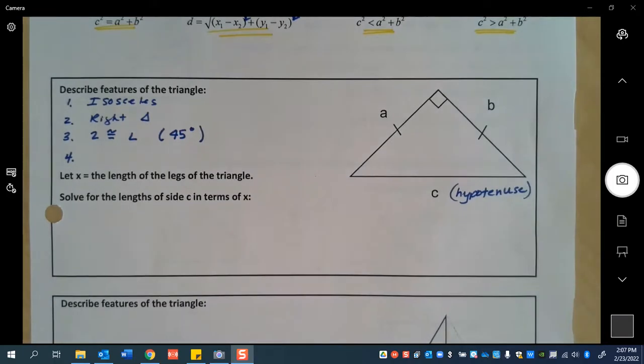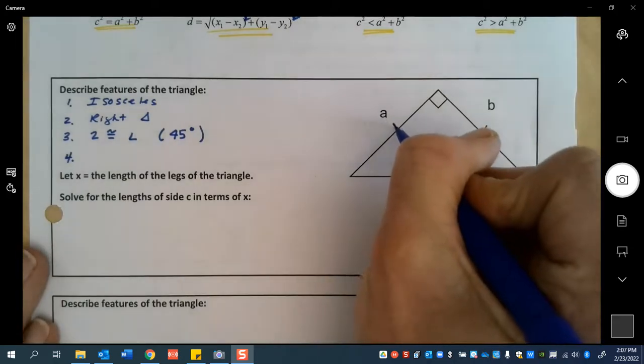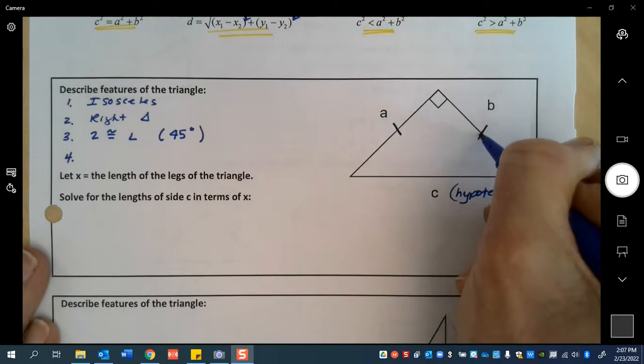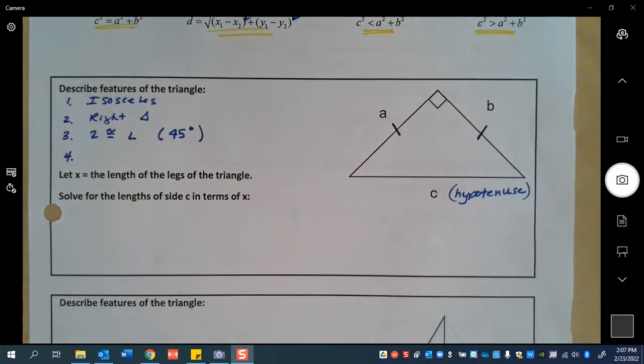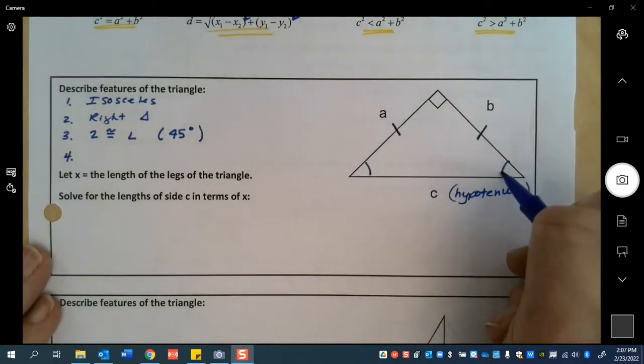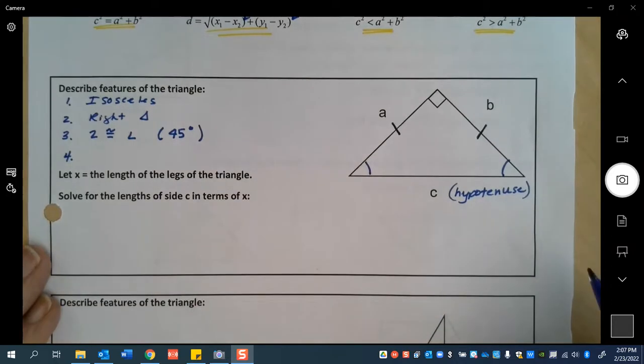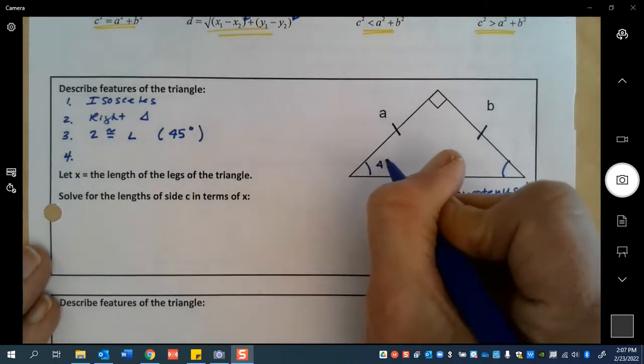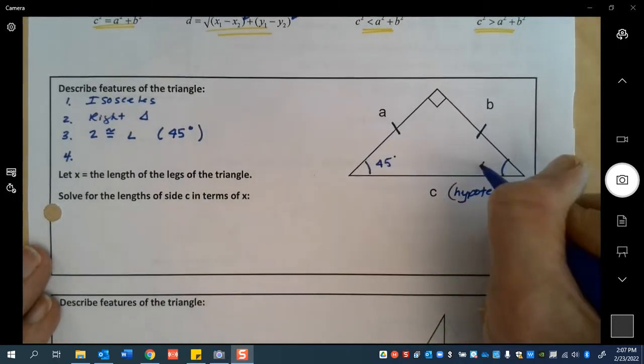So I was eavesdropping, and I heard a lot of people say it's isosceles. So right away you know that these 2 legs mean that they are isosceles. What do you get from that fact? 2 base angles are going to be congruent. And then tell me about their measure. Yeah, I know that both of those angles are going to be 45 degrees.